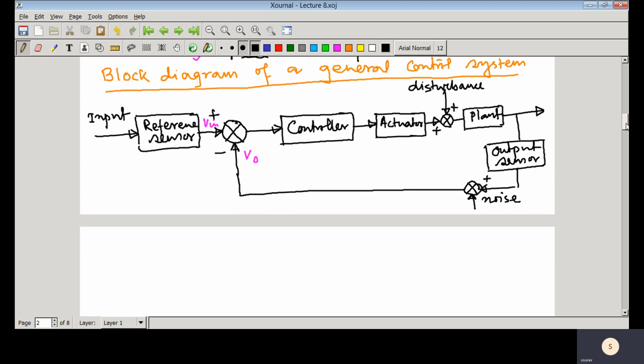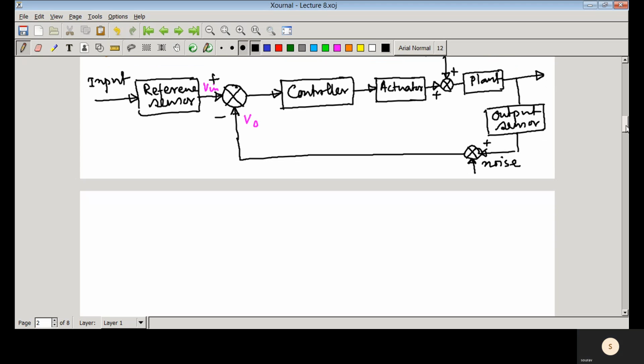So there is one important point that should be noted down, that is, what happens if any nonlinear block is involved in the feedback closed loop control system.